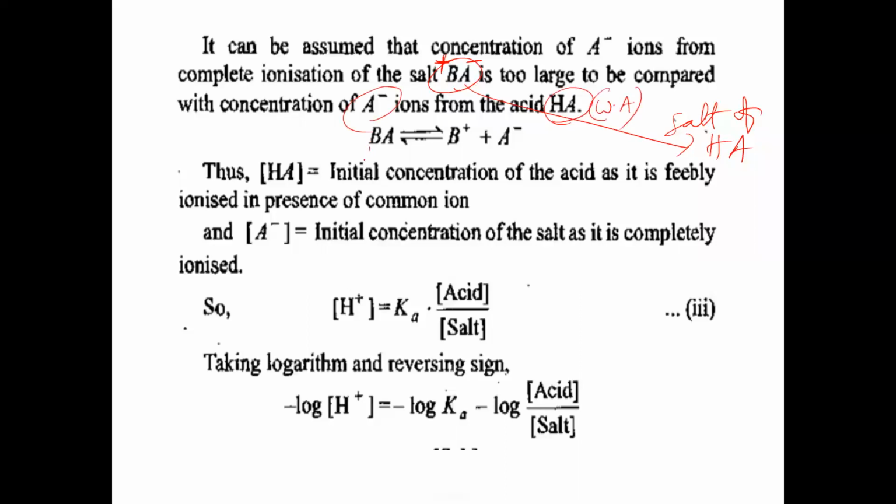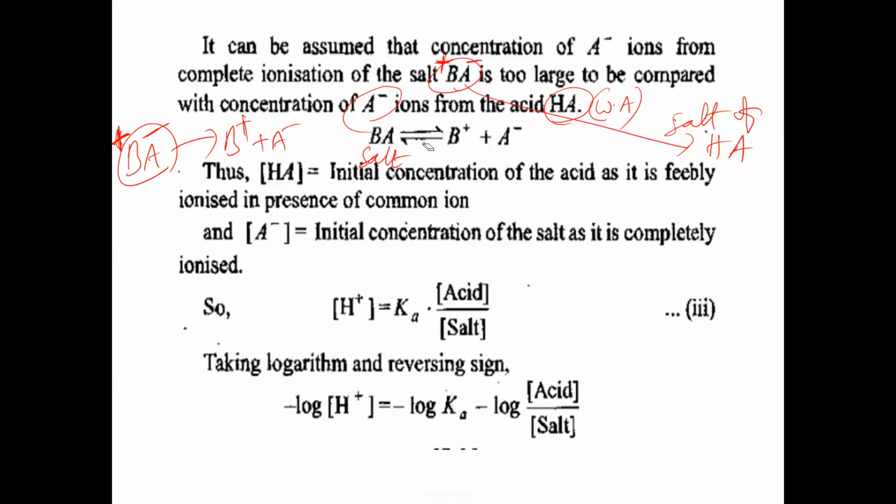So how does the salt dissociate here? B plus and A minus. Generally we can take a single arrow also. So BA gives rise to B plus and A minus, because salt is a strong electrolyte. Salt is generally a strong electrolyte, so we can write a single arrow also.